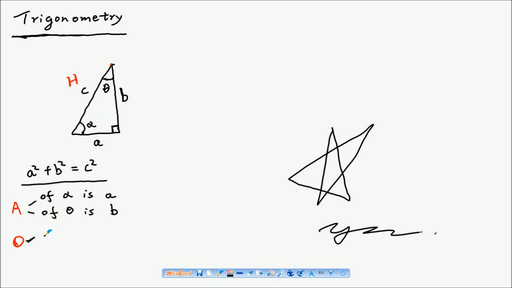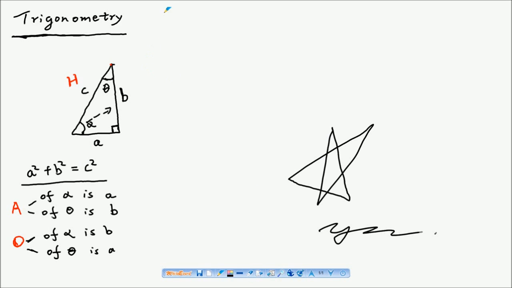The opposite line of alpha is B, because as we can see, the opposite of angle alpha is the side B. Similarly, the opposite of angle theta is A. So in summary, the hypotenuse is always the longest line in a right angle triangle, but adjacent and opposite lines change depending on the angle.